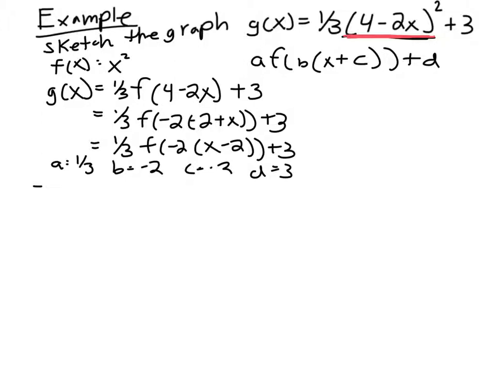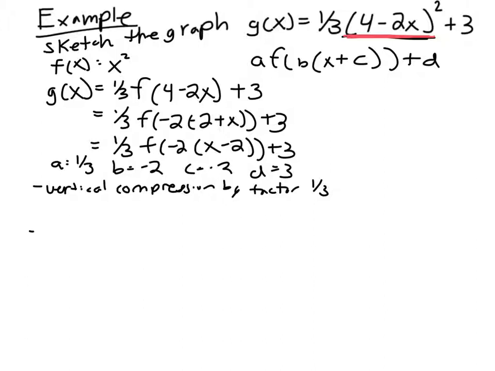So we can say there is a vertical compression by a factor of 1/3. Okay? And then next we have B.